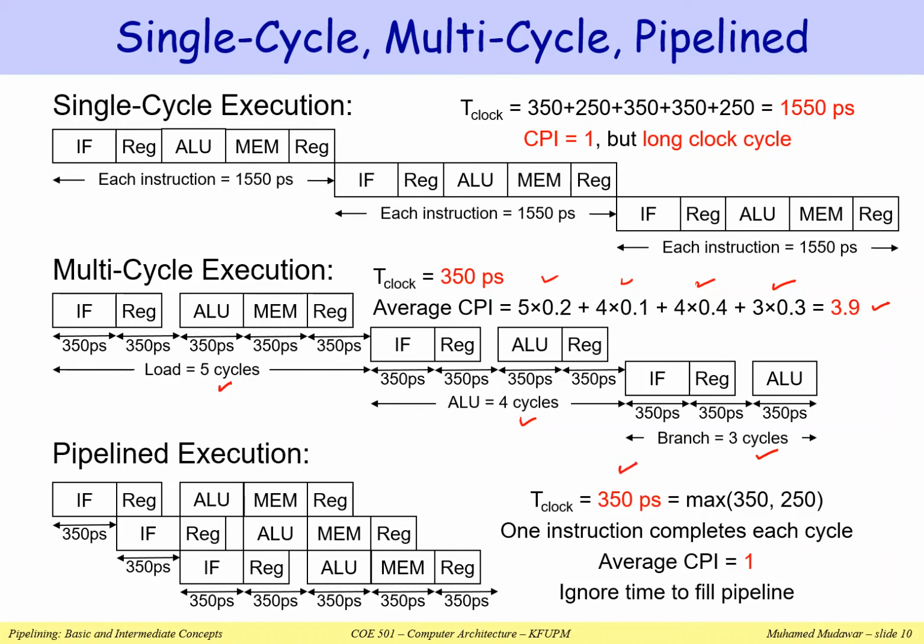But the interesting thing is that the average CPI can be reduced to 1, because we have 1 instruction completed every cycle. Of course, we are ignoring the time to fill the pipeline, because we can have a very large number of instructions to execute. If you ignore the time to fill the pipeline, that's the average CPI. It's just one instruction completed every cycle.